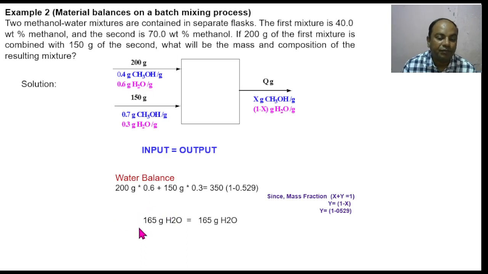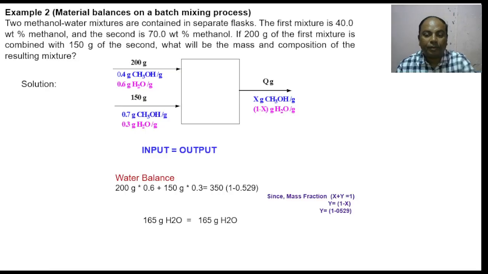Here the input is equal to output with regards to water, so water is balanced. If water is balanced, we can conclude that methanol also gets balanced, and the entire process is balanced.